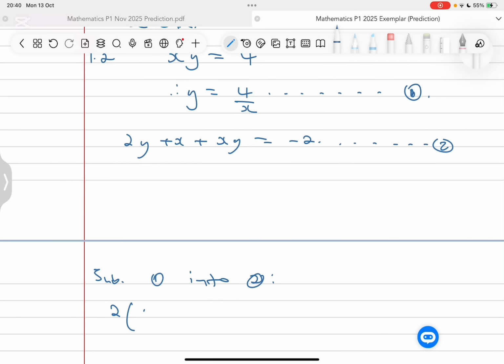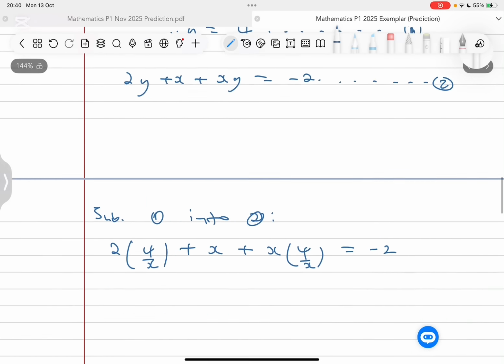So this means here I'm going to have 4 over x. Then I'm having plus x. Then I have plus x times y again. Do you see that? Now our y would still be that 4 over x. And we are saying that this is equals to negative 2.